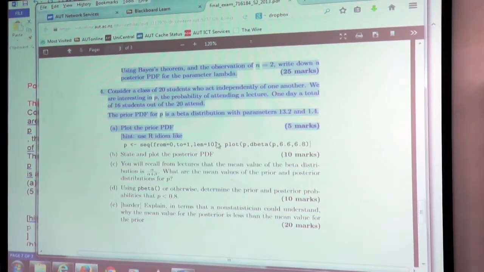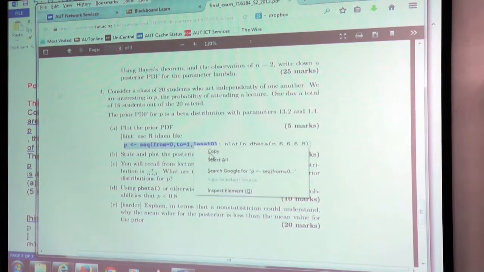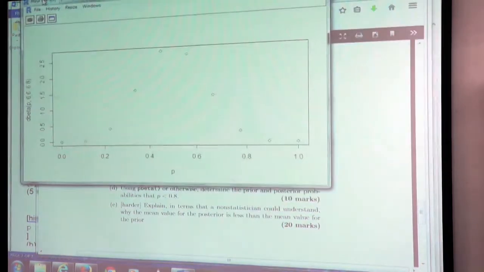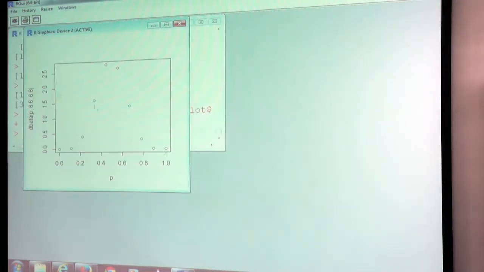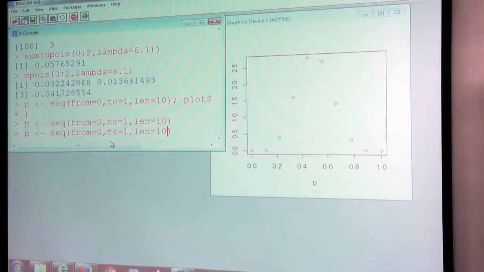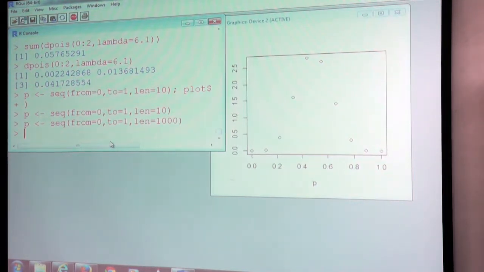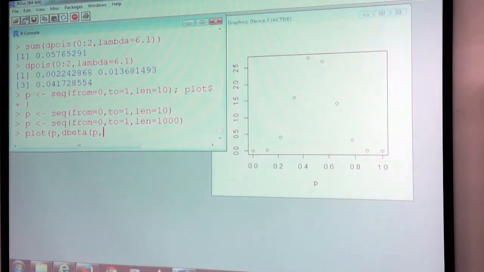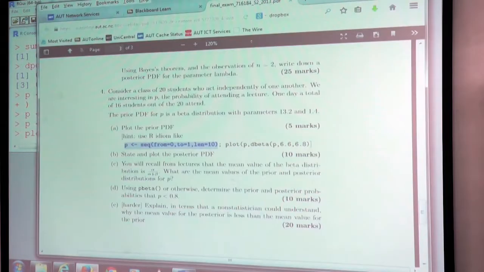So let's just do that. This is just to remind you what the commands look like, not to give you a cut and paste hint. So let's do that. Right click, paste. Let's give it a few more. Plot P, density of the beta distribution, P, and I've forgotten the numbers already. 13.2 and 1.4.